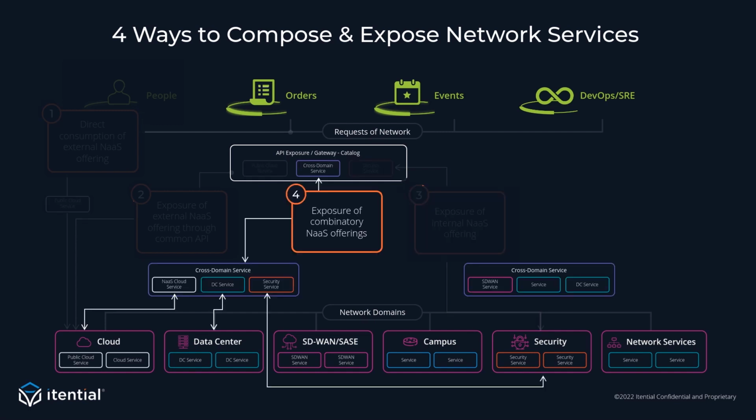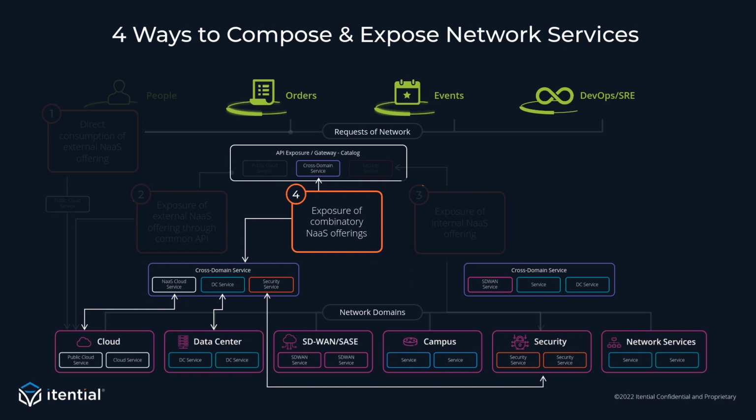So the fourth option is starting to create what we're calling combinatory or synthesized services, where you're starting to offer a service that is composed of services from multiple different domains. And in this case, it's a combination of taking a public cloud offering, combining that with a data center service, combining that with the security service.